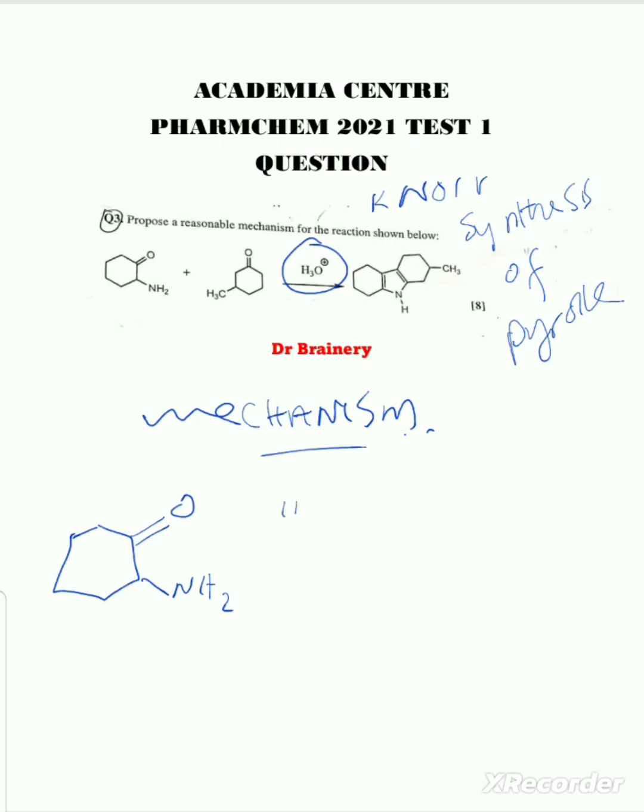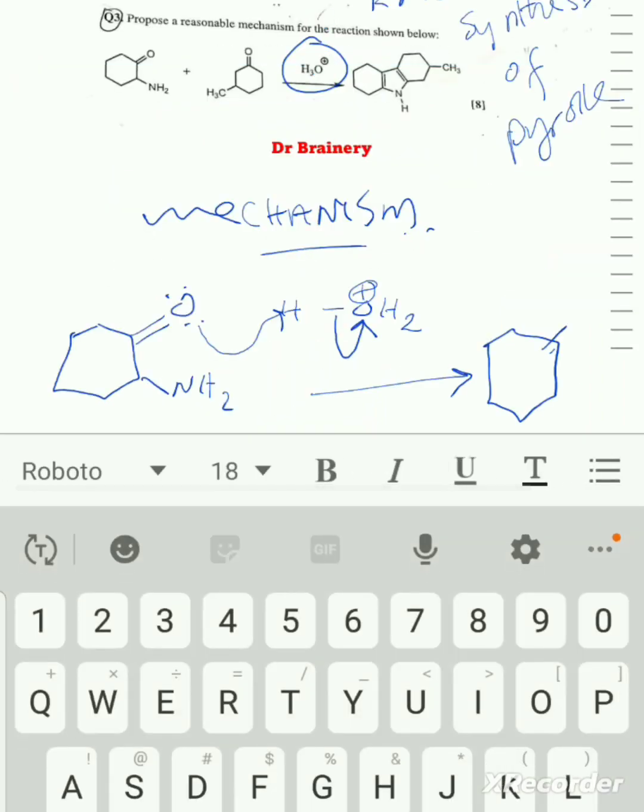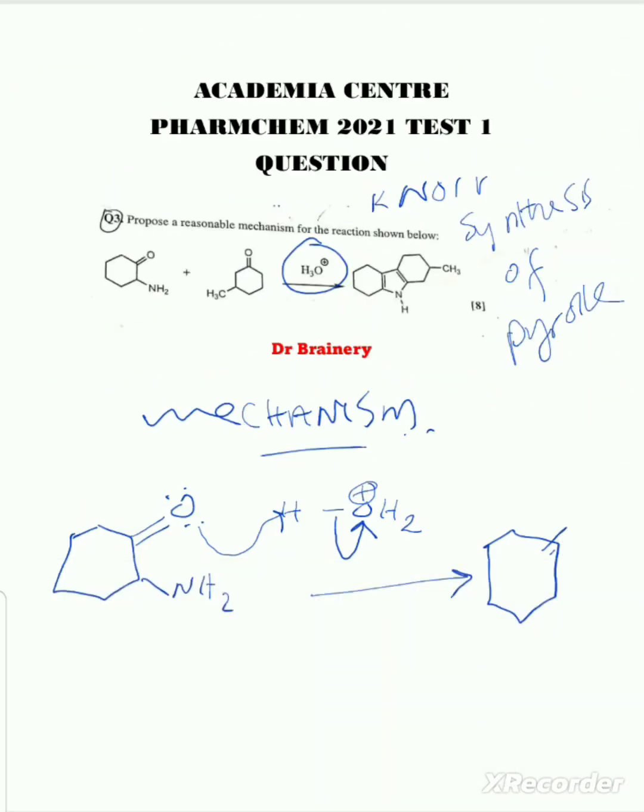So here I'm going to bring this acid, then here there are electrons. I'm going to grab this hydrogen, that is protonation, you know that. So this bond, or these electrons, will come toward the oxygen there. So what we are going to have is the protonated one.